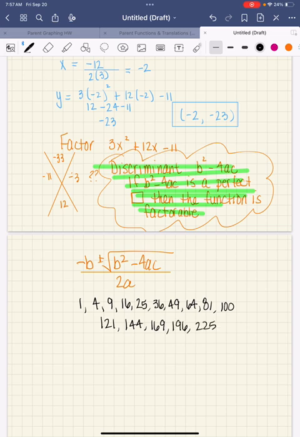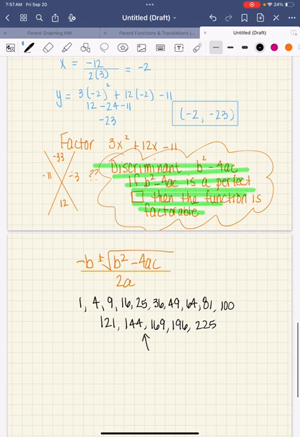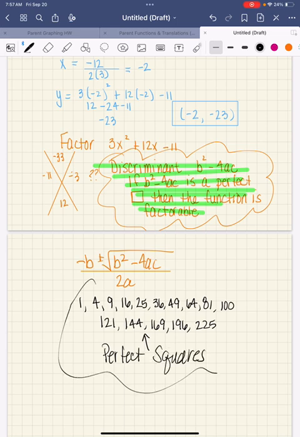Yes, I know, I just zipped through that, but these are the perfect squares 1 through 15. You need to know these without a calculator.